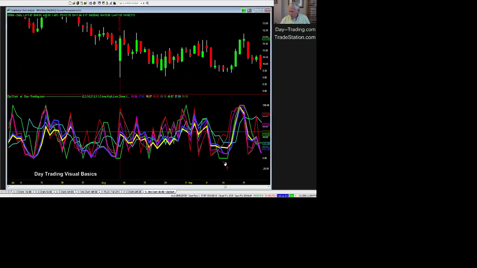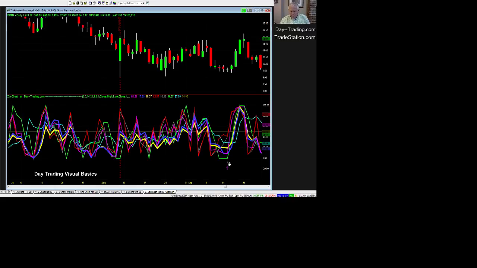I'm not sure if you can see it on the video, but we now have zip pink above the zip blue, and when we have that, it's usually not a reaction for, in this case, an uptrend, because we have zip green at the bottom.